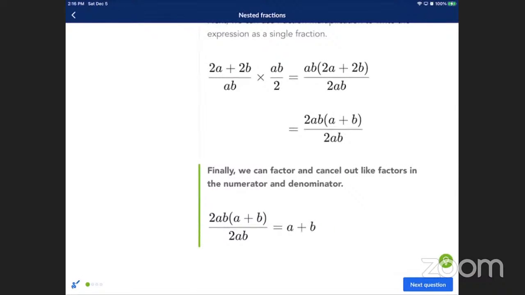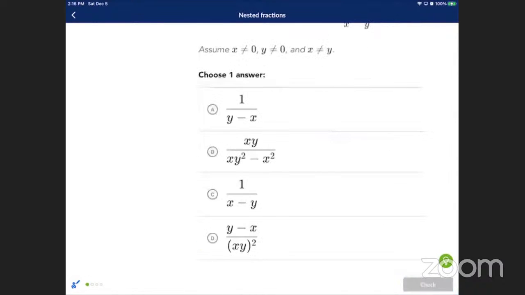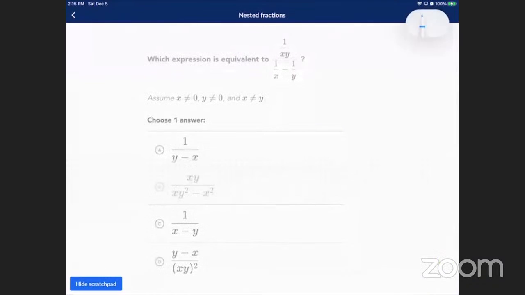All right. So we have here, which expression is equivalent to 1 over xy over 1/x minus 1/y. This is kind of the same thing as before. We would have 1 over xy. Let's say x equals 3 and y equals 2, and we would plug in.